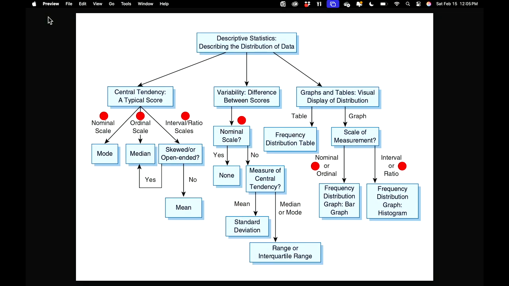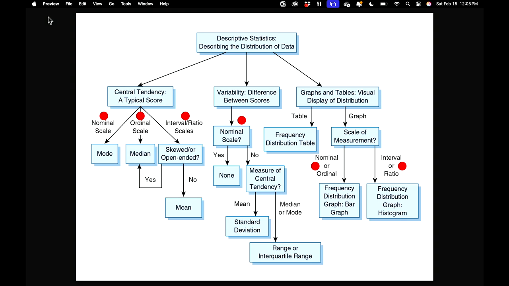So you'll see over here on the left that descriptive statistics, central tendency, what is the typical score? If your data is nominal, you would use the mode, which is defined as the most common score. In ordinal scales, you would use the median, what's in the middle.